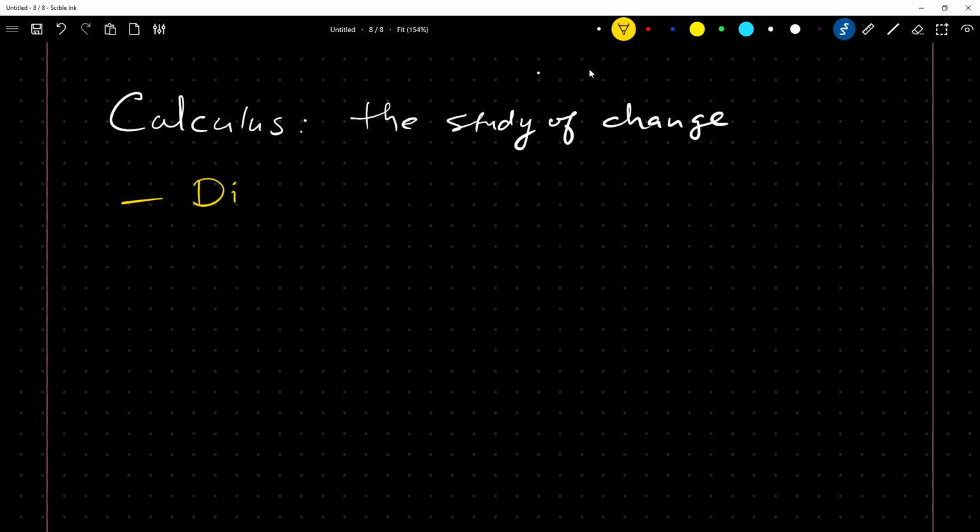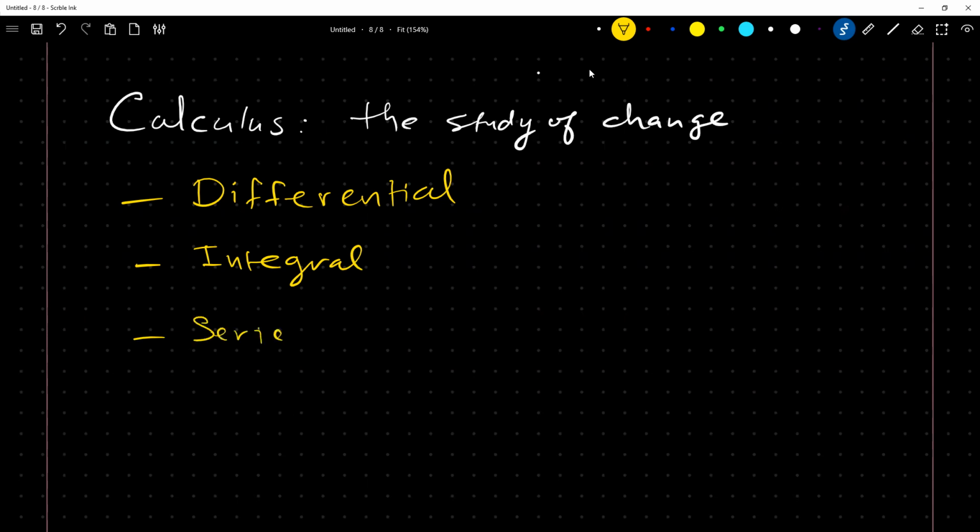We could describe calculus as something called differential calculus, and we could describe calculus as something called integral calculus. But there are also topics within calculus that aren't necessarily in these two sections, such as series and sequences, which I will cover.